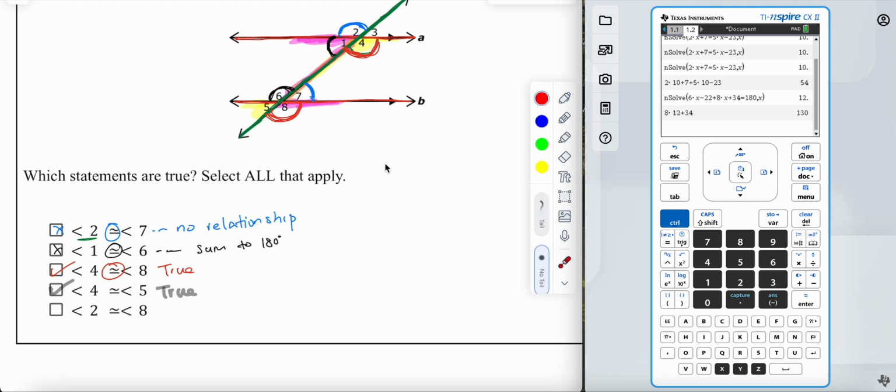So 2 and 8, yes. So this is the Z. Notice that this is on the outside. This is also on the outside. So these two, they are true. So then the answer would have to be A, B, C, D, and E. So those are all that is true.